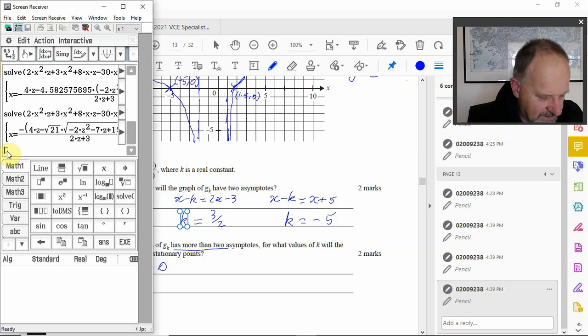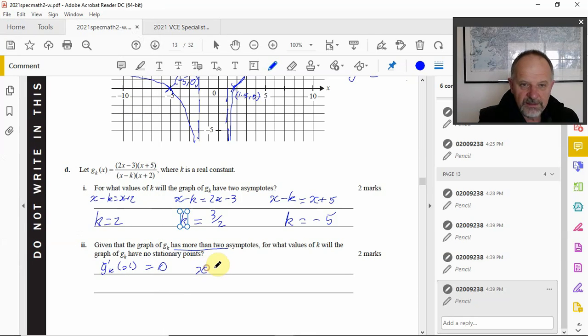What we've got is that x is equal to negative 4k, and I'm putting the k back in now, negative 4k plus or minus square root 21, and then we've got another square root going on here, minus 2k squared minus 7k plus 15, minus a 15 out on the end, and that's all over 2k plus 3.